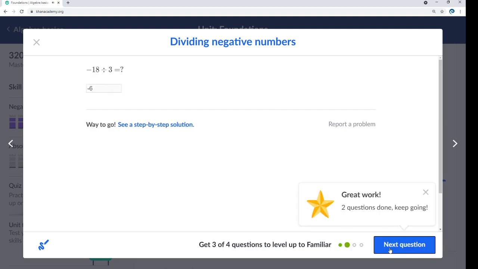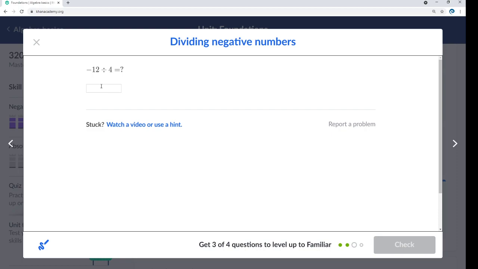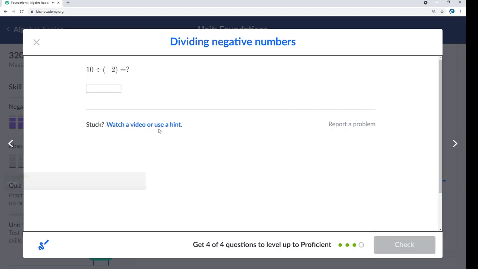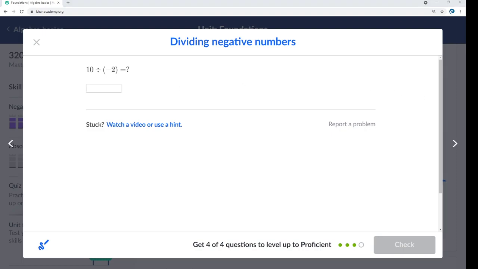Yes! Okay. So then here we go. 12 divided by 4. That's 3. So it's negative, so it's -3. And yeah. Okay. 10 divided by -2 is, oh gosh, Cosmic, I forgot the rule.